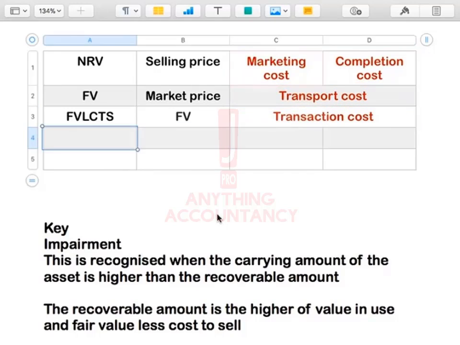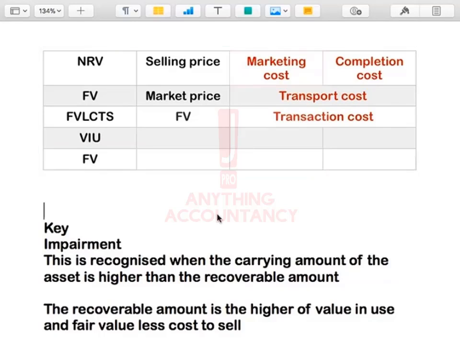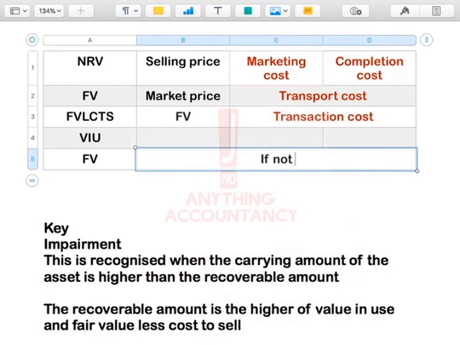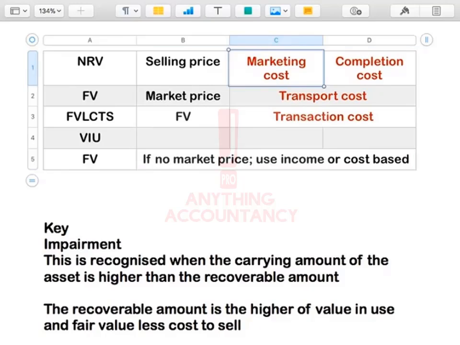What is value in use? But don't forget, a fair value could also mean something else. You understand? It's not necessarily market price.